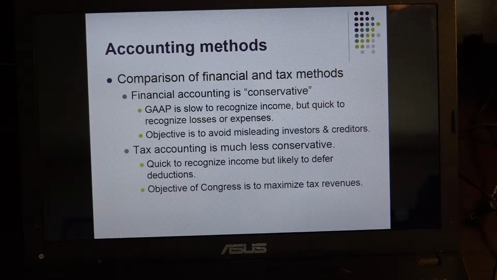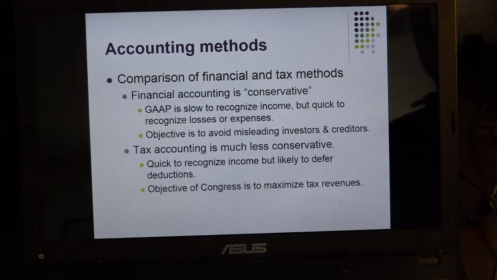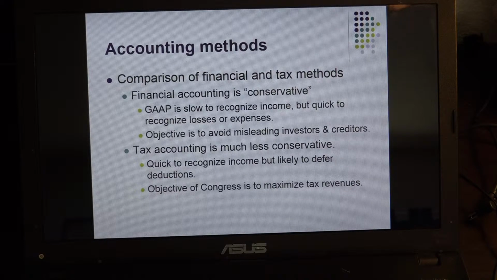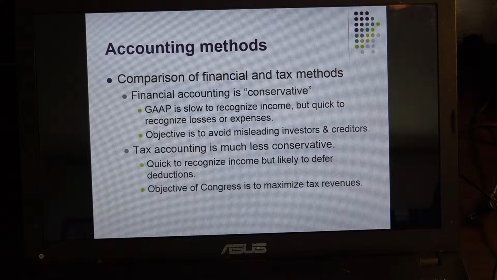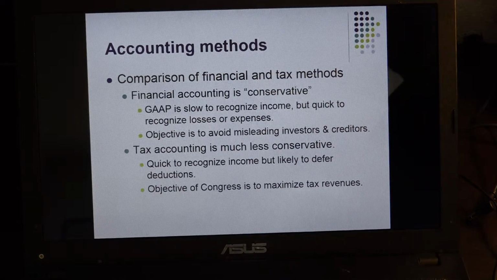So where in GAAP you might defer income, such as with prepaid items, you have a customer who prepays you, you wouldn't recognize that in financial income, but you would recognize that in tax accounting income, or income for tax accounting purposes. So we'll look at that here in a minute.